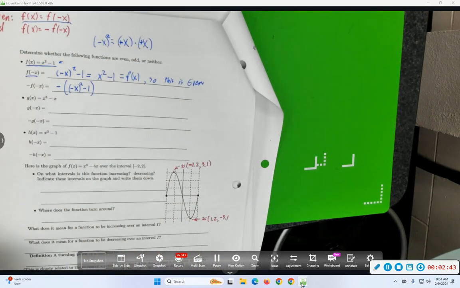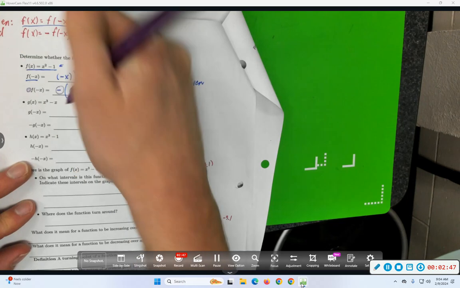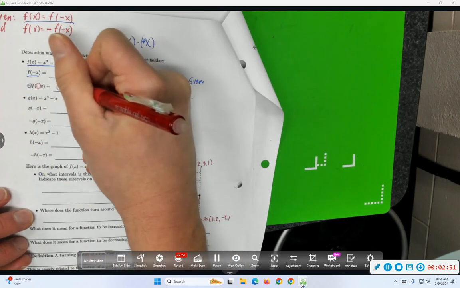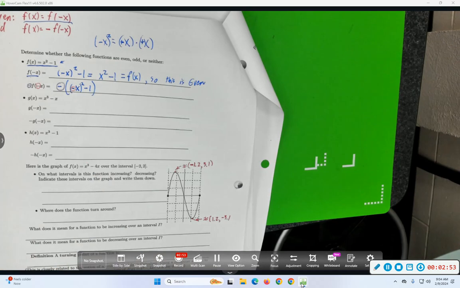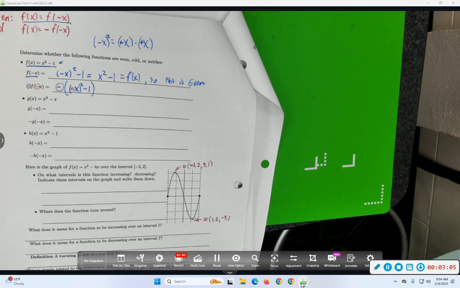So maybe some color coding is in line. This negative sign is that negative sign. This negative sign is that negative sign. All right. That look like something you can simplify? What things would you want to do to simplify?